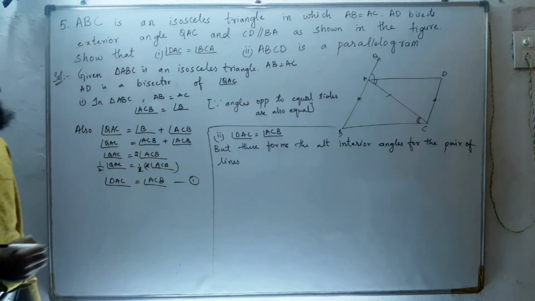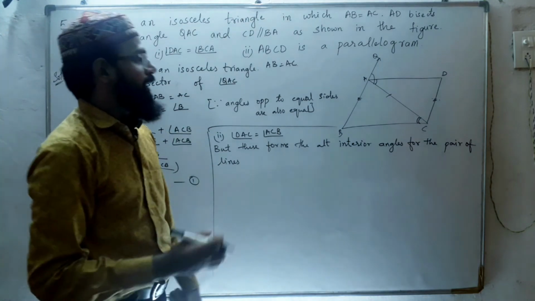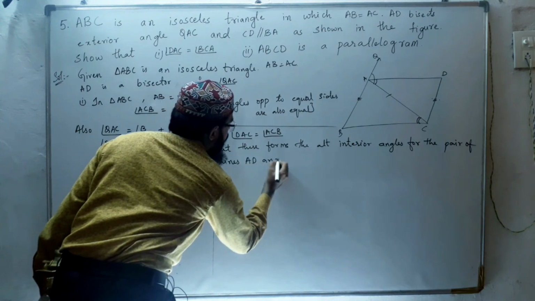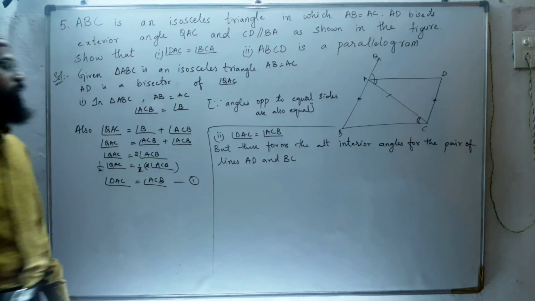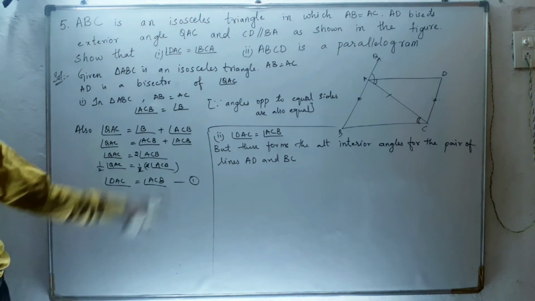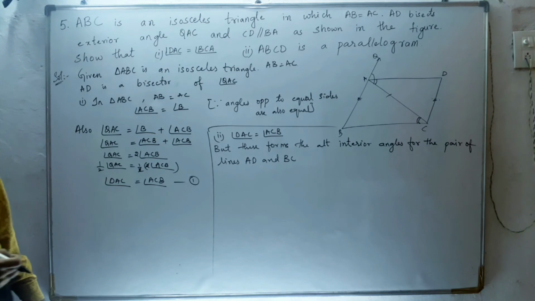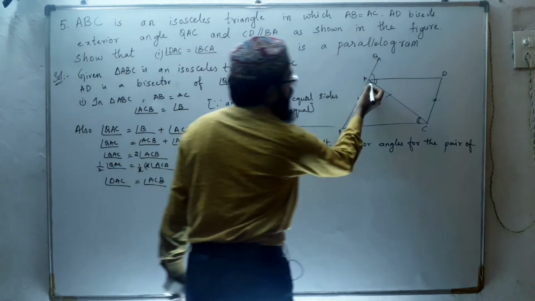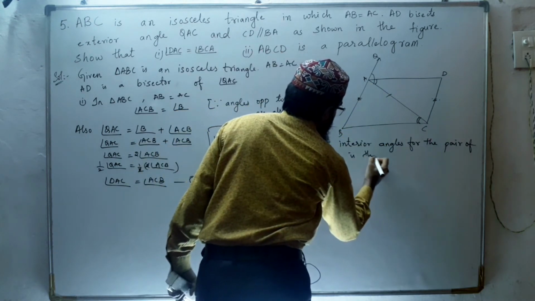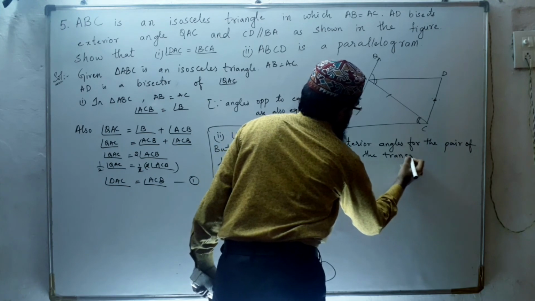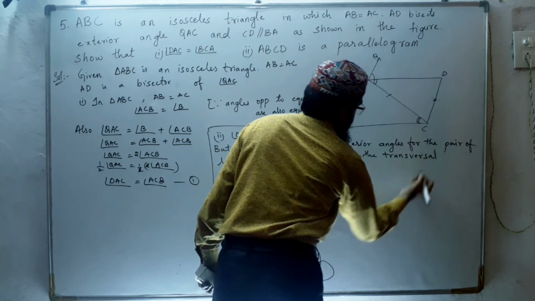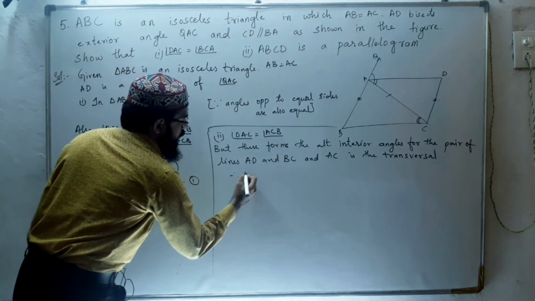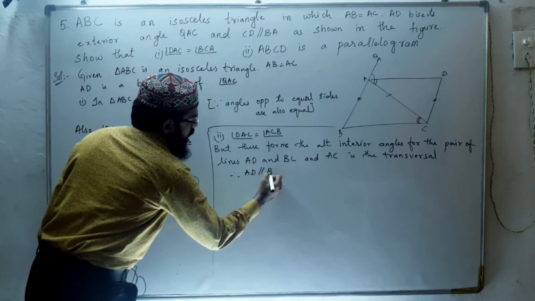What are the pair of lines for which these are alternate interior angles? AD and BC. For AD and BC, they are forming the alternate interior angles, and AC is the transversal. Therefore we can write that these two lines AD and BC are parallel.